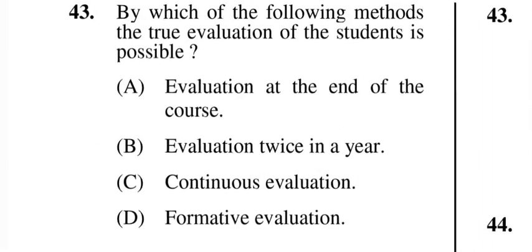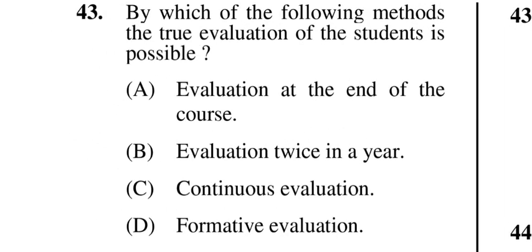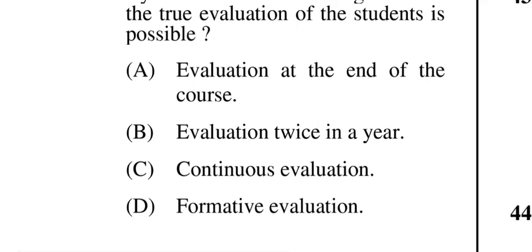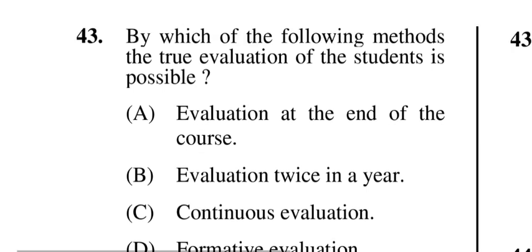Number 43. It says, by which of the following methods the true evaluation of the students is possible? Evaluation at the end of the course, evaluation twice in a year, continuous evaluation, formative evaluation.